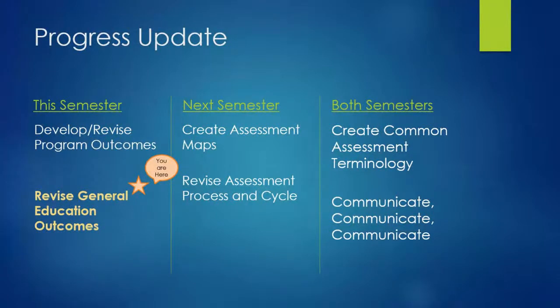That's been our work, particularly in the last few weeks. Now we're kicking off some of our institution-wide conversations about revising our general education outcomes. Next semester we're going to be focusing on creating assessment maps and looking to revise our assessment cycle.